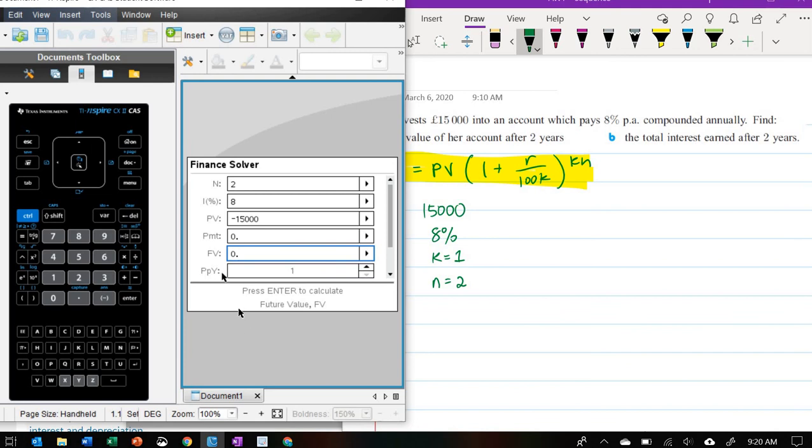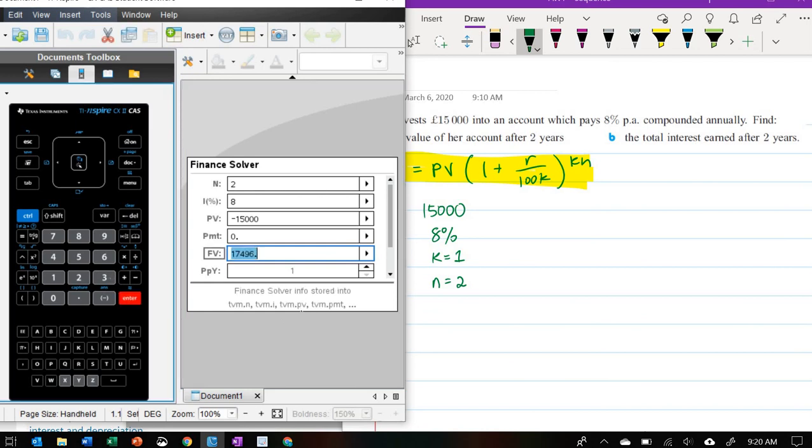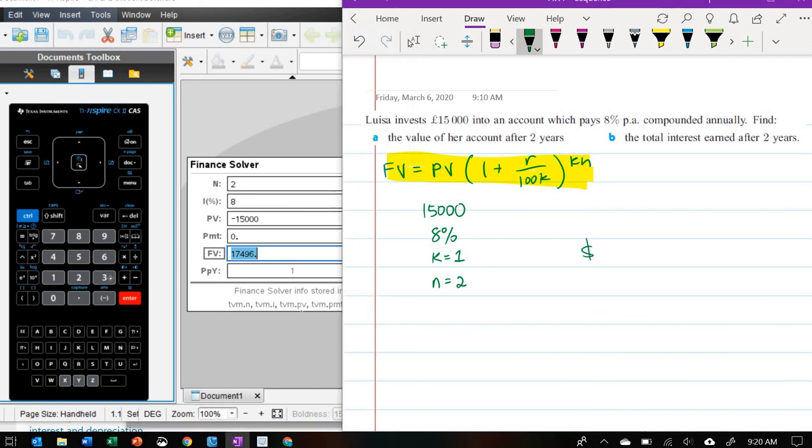Notice down at the bottom it says press enter to calculate, and that means we're going to calculate the future value. So we press enter, and there's our answer. So we know that in 2 years she would have $17,496. That's it. That's how you use it.